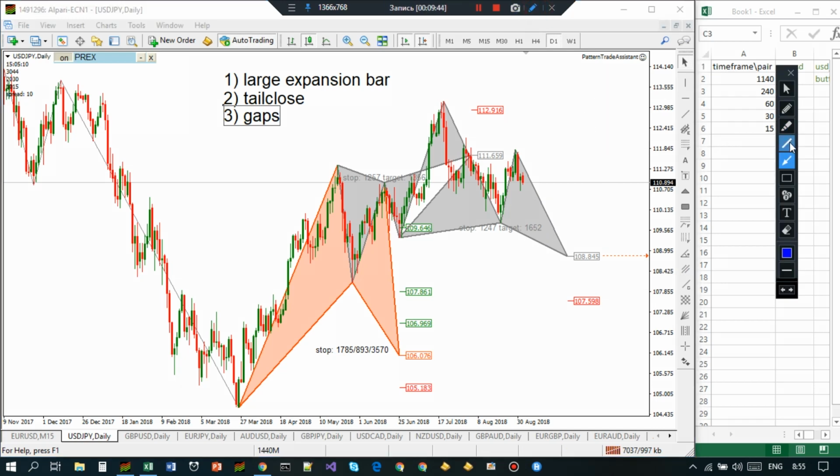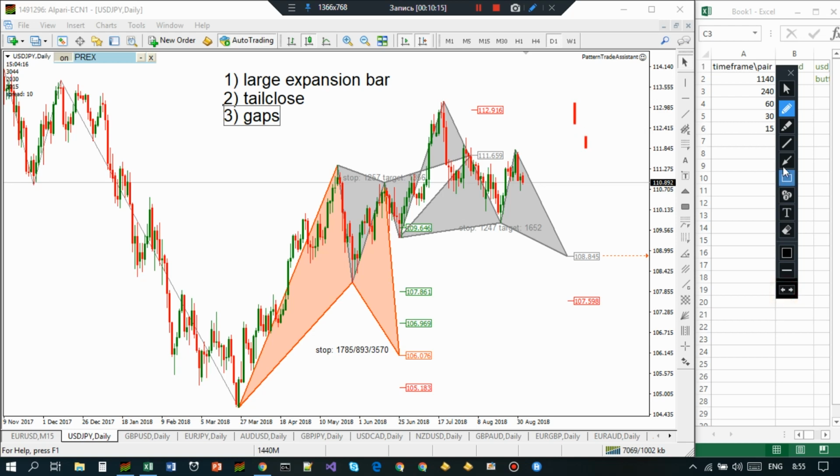So we have some price, this is the bar, and we have another bar, and the distance between them is a gap between the close of one bar and the open of another bar. It is a gap, but we can have some wicks, overlapping wicks, something like this, but you should pay attention to the gap between the close of one bar and the open of the second bar.